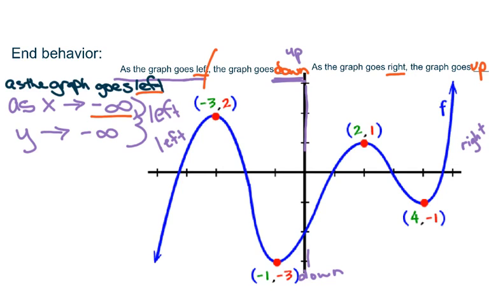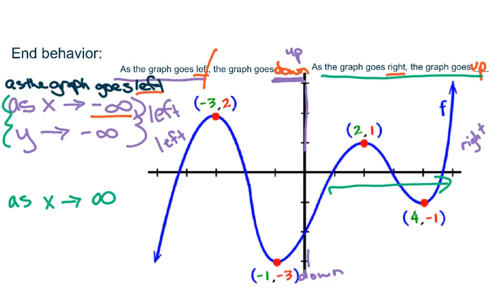Okay, now I'm going to do the right side in green. So we have another side, so we need to do this whole statement again. As x goes, but we're not going left, we're going to the right this time. So that is positive infinity, comma. The y's go, well, where are the y's going?